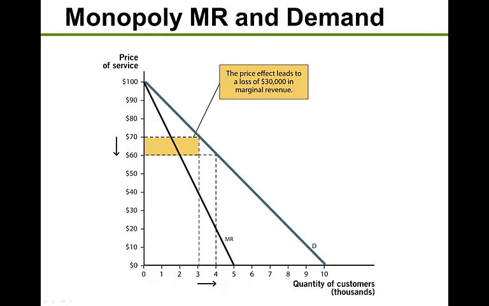So the price effect is $10 times 3,000 units, or $30,000 lost. This area here is the output effect. The output effect in this case is $60 times 1,000 units, or $60,000. So you combine these two together and the overall marginal revenue is $60,000 minus $30,000, or $30,000.